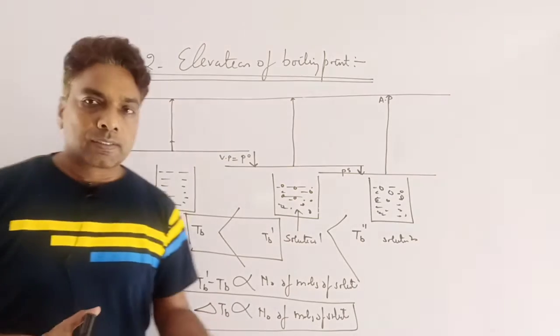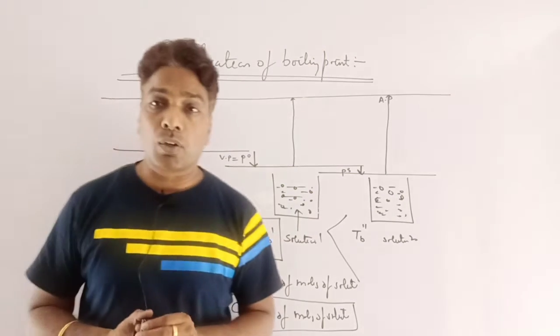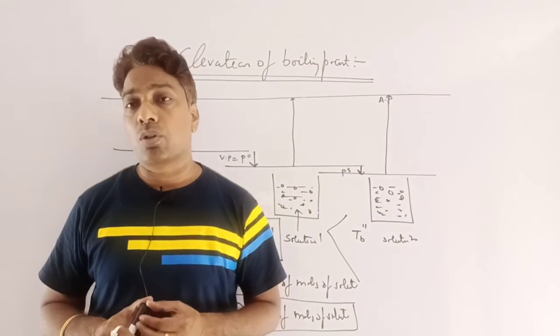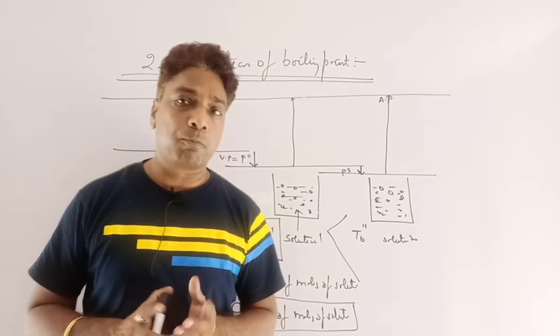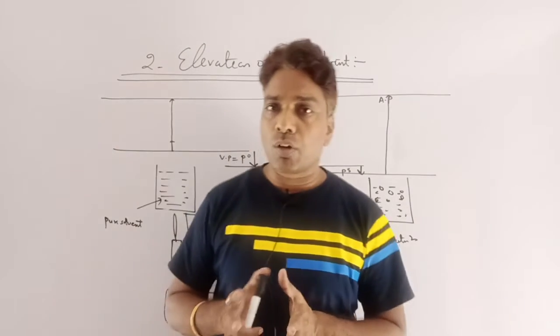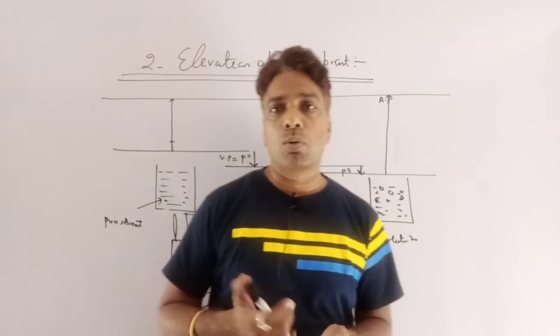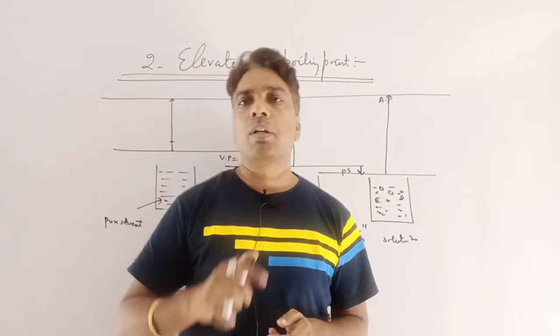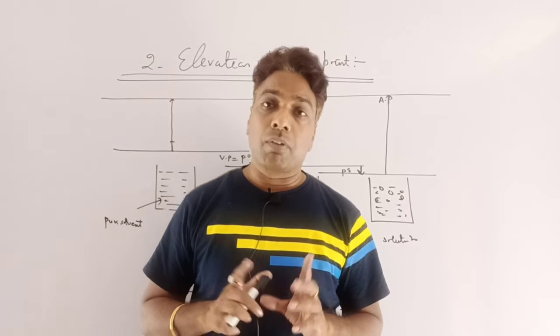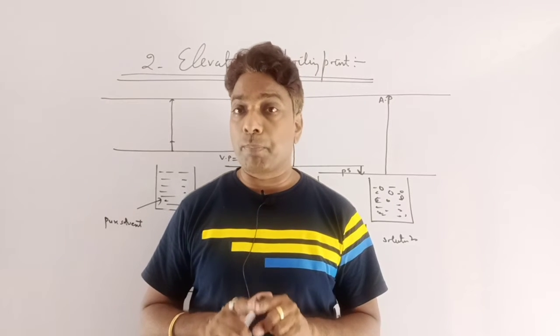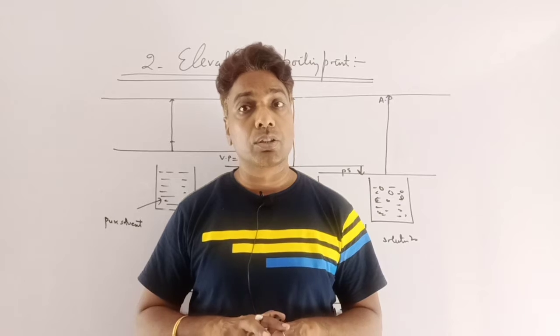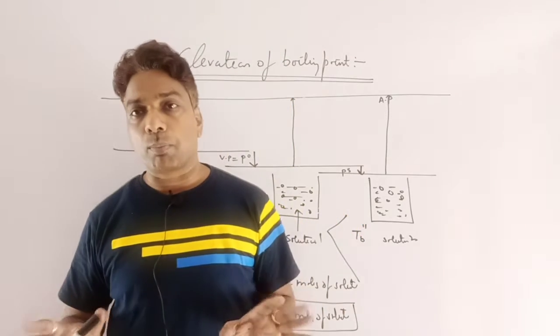If someone asks, is boiling point a colligative property? No, it is wrong. Boiling point is the property of the pure solvent. Elevation of boiling point is directly proportional to the number of particles or moles of solute. So elevation of boiling point is a colligative property, while the boiling point is the property of the pure solvent. It is not a colligative property.